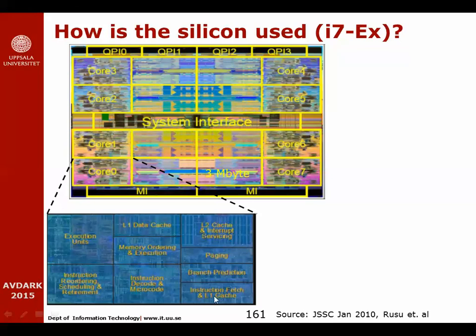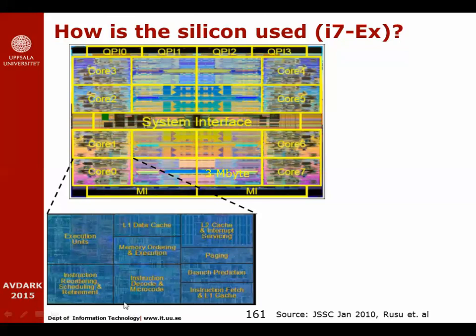You can say this is a cache as well, L1 cache, but this is also part of the front end over here. This branch prediction, you can view that as a cache as well, but it's more of a front end. You have the instruction decode and microcode, so this is probably decoding, and instruction reorder, scheduling, retirement over here.